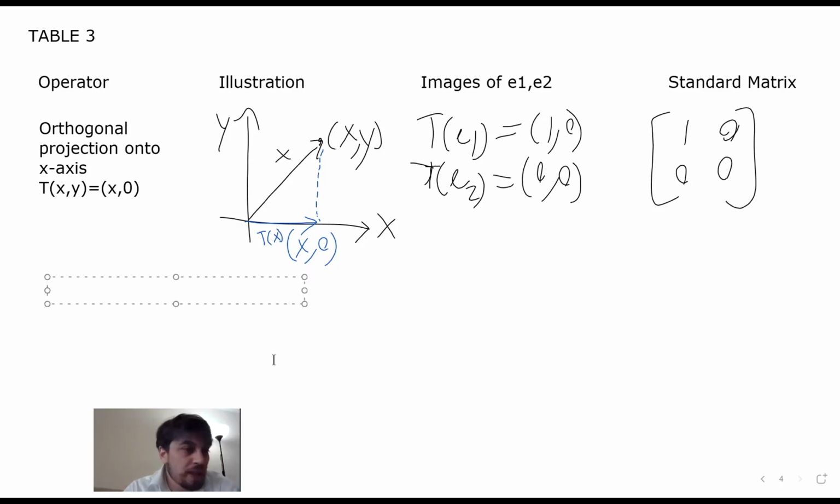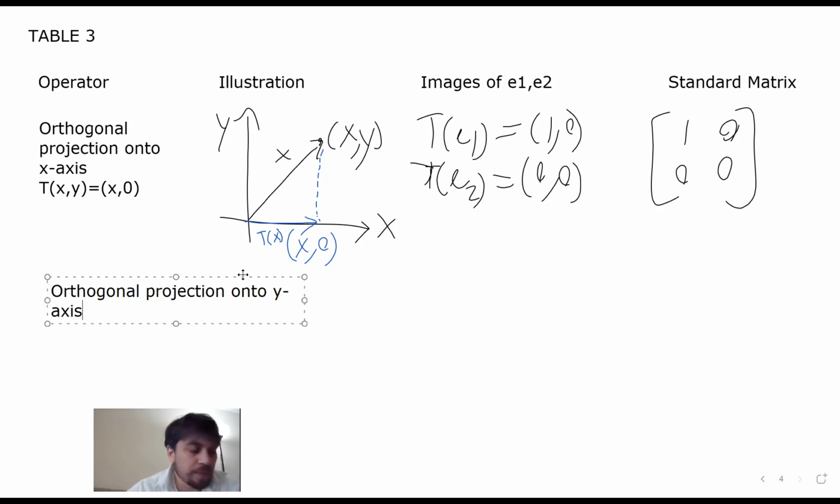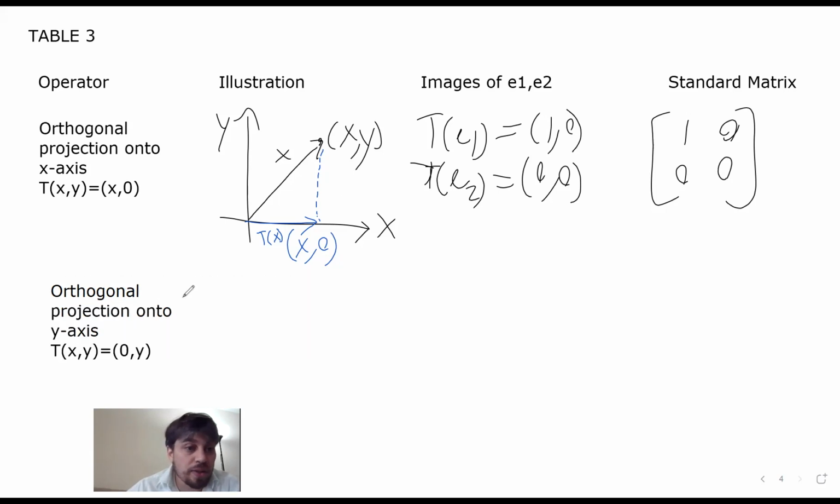Okay, so the next one is the orthogonal projection onto the y-axis. So if you have T of x comma y, it's equal to 0 comma y. Okay, so you just put a 0 for the x component.